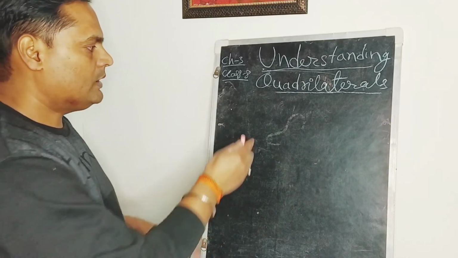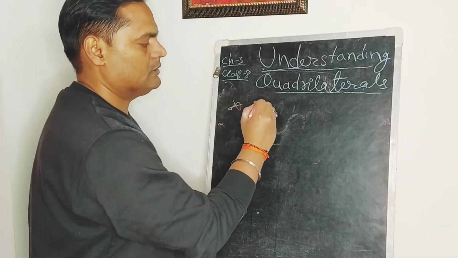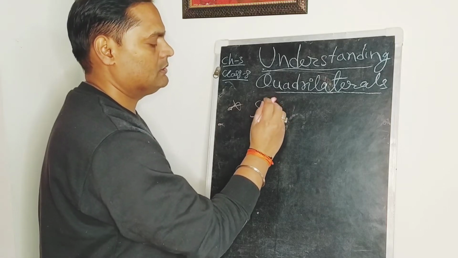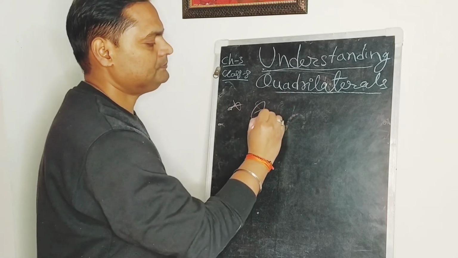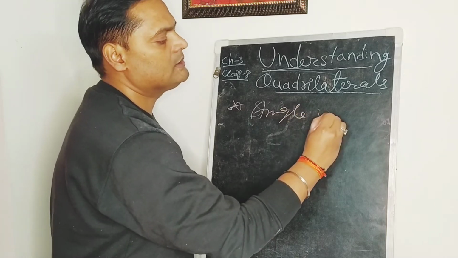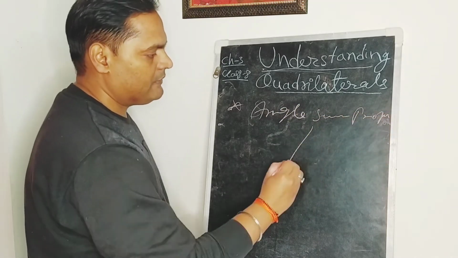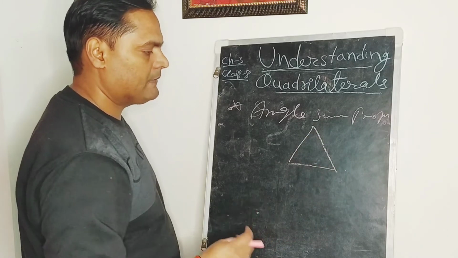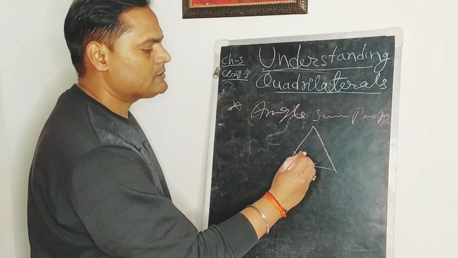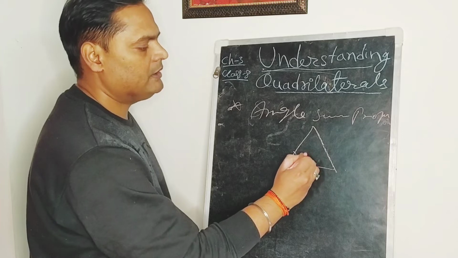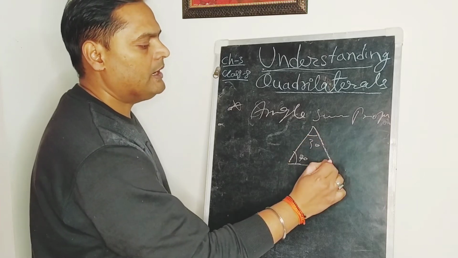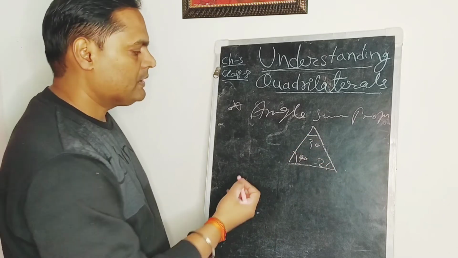So let's see one more thing from the angle sum property. If I have a triangle, and this angle is, let's suppose, 70, this is 30, I need to find this one.